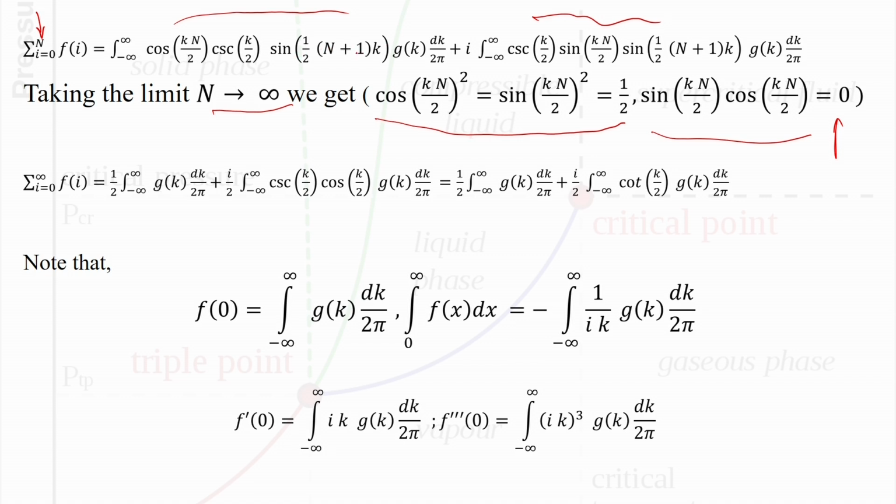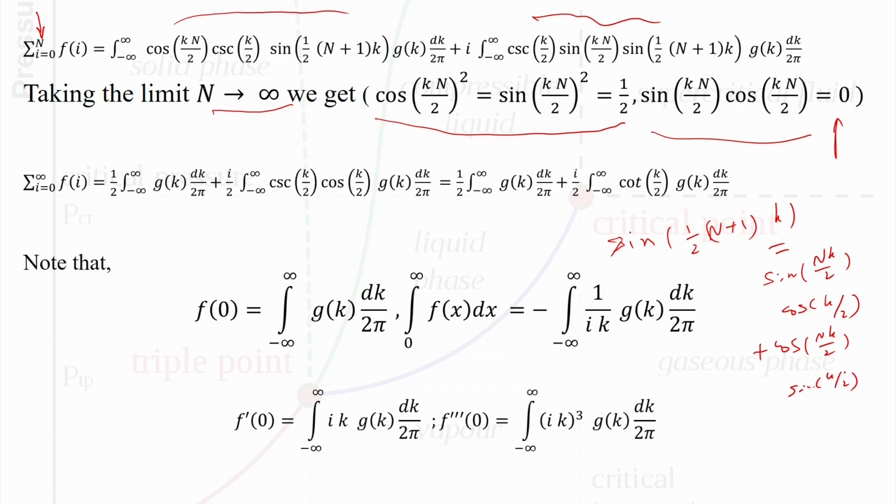sine times cos. So I'm going to pull this sine nk by 2 out, because there's a cos there and so on. So I've done all that, and using this idea and using trigonometric identities, I'm going to write sine of 1/2 of (n plus 1)k as sine of nk by 2 cos k by 2 plus cos nk by 2 sine k by 2.